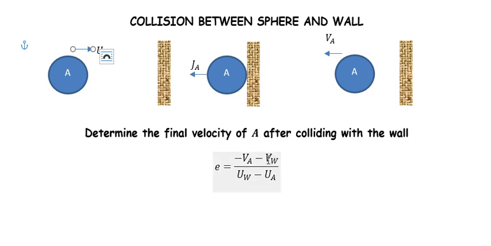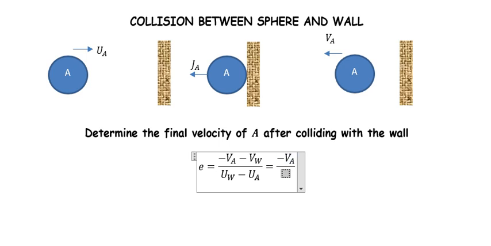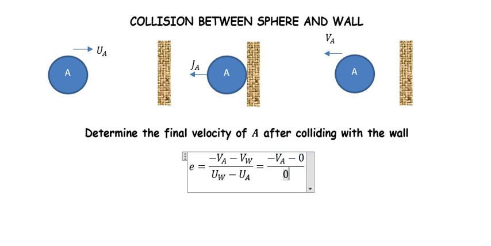Your V wall is 0, because the wall does not shake before and after impact. So we are going to have negative VA minus 0, divided by U wall, which is also 0 because initially the wall is at rest, minus UA.